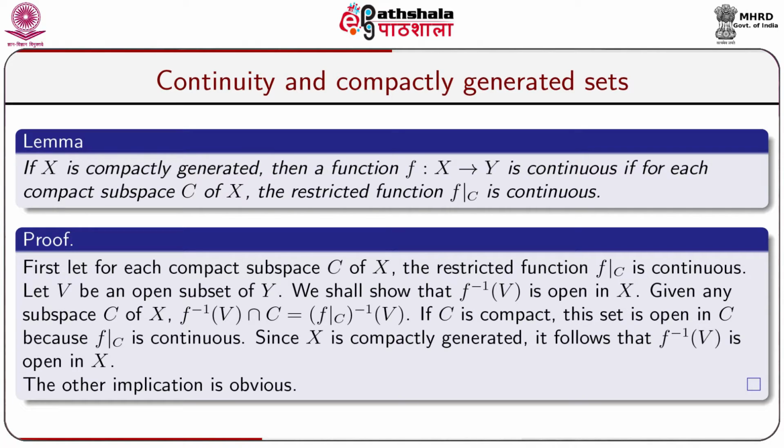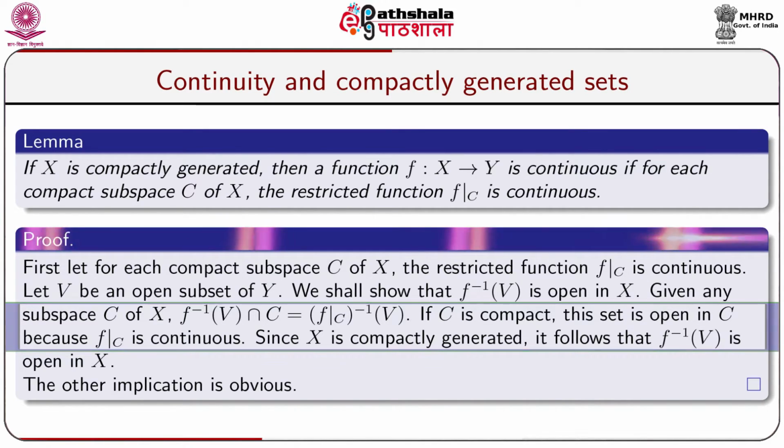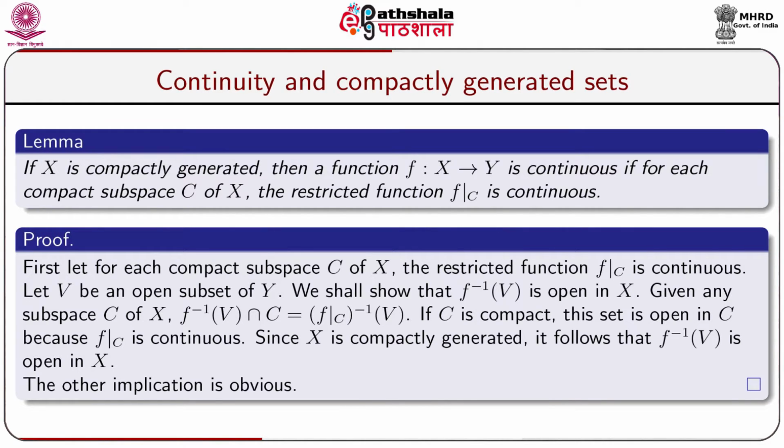For this, let us consider V an open set in Y. We have to show that f inverse V is open in X. Now, given any subspace C of X, the following equality holds: f inverse V intersection C is equal to (f restricted on C) inverse of V. If C is compact, then by our hypothesis, as f restricted on C is continuous, we have that (f restricted on C) inverse V is open in C. Since X is compactly generated, it follows that f inverse V is open.